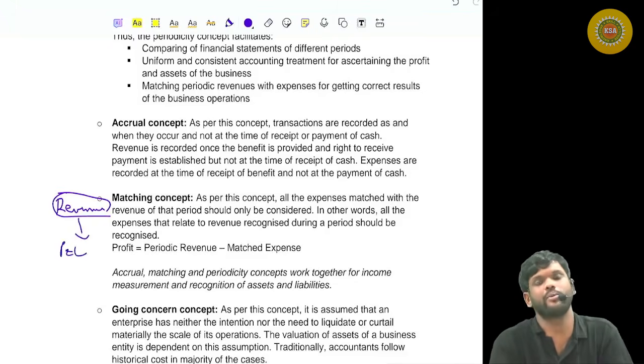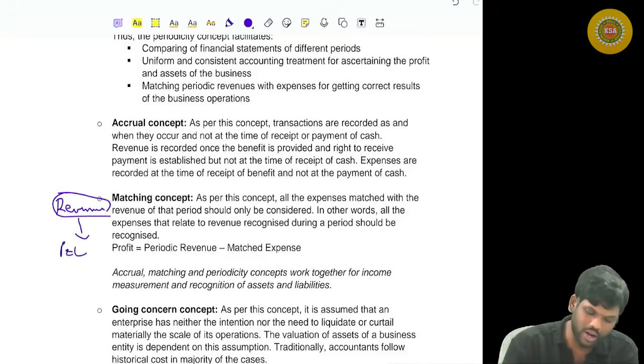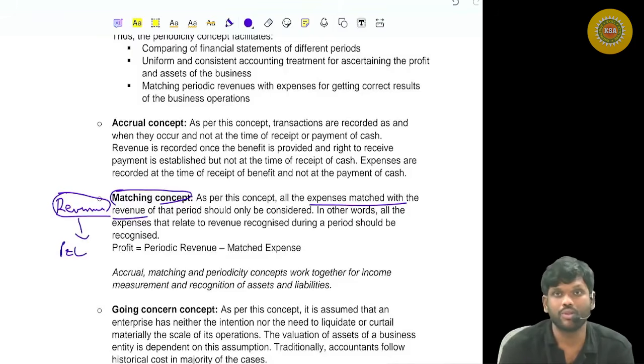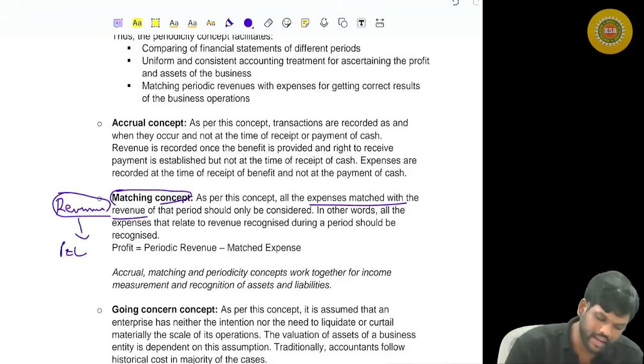This matching between revenue and cost is called as matching concept. All the expenses should be matched with the revenue that is being accounted in the P&L.